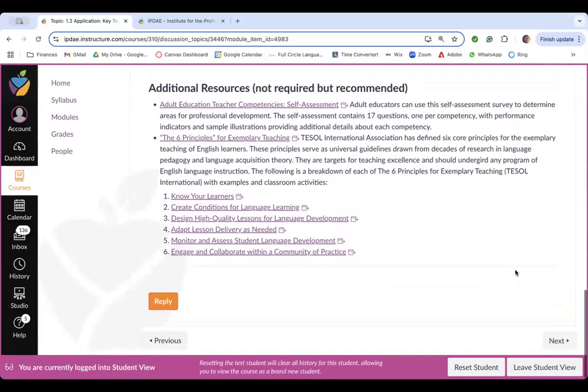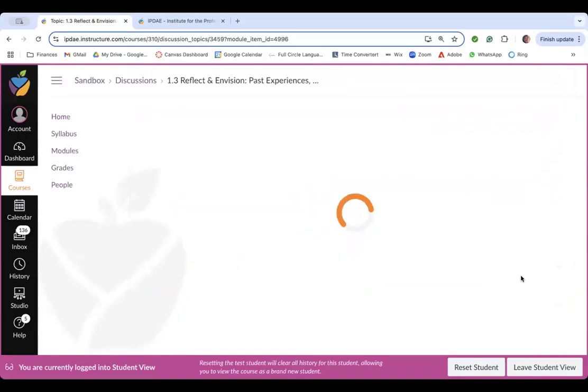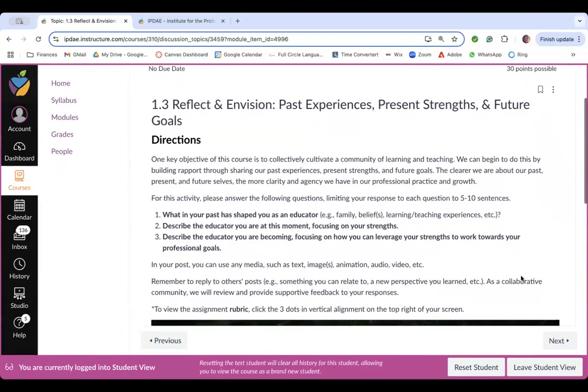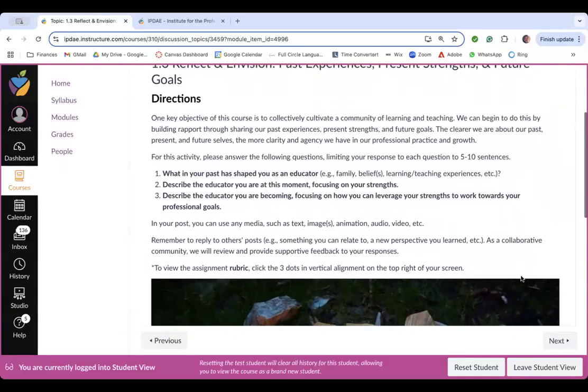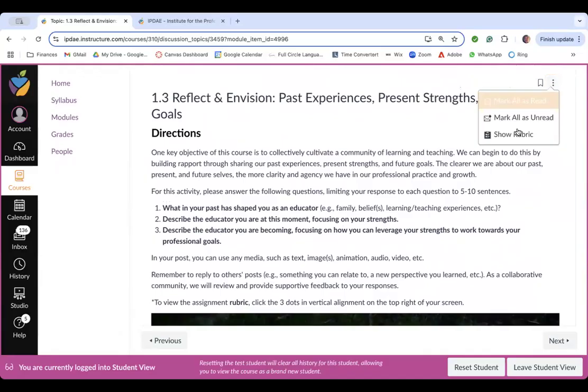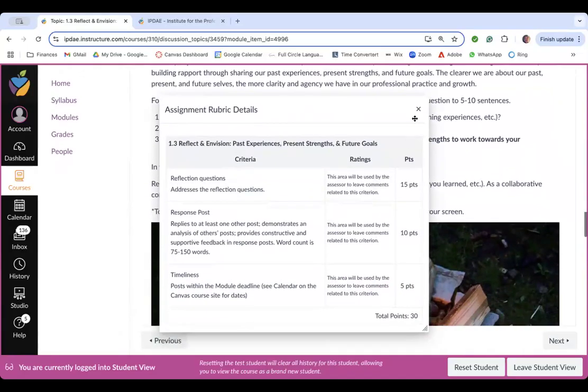These are specifically here for ESOL. And just going forward, here are reflect and envision: past experiences, present strengths, and future goals. All right. Within each activity, there's a rubric here, so you can see the rubric and how you will be evaluated.